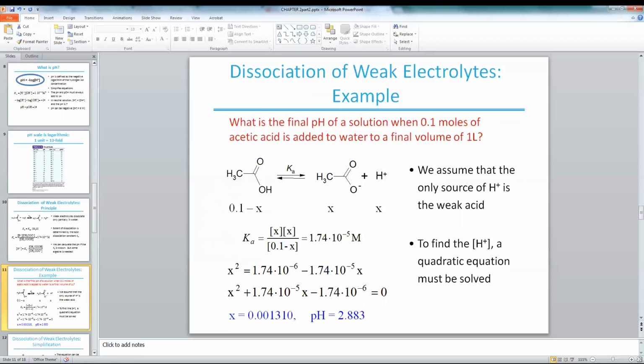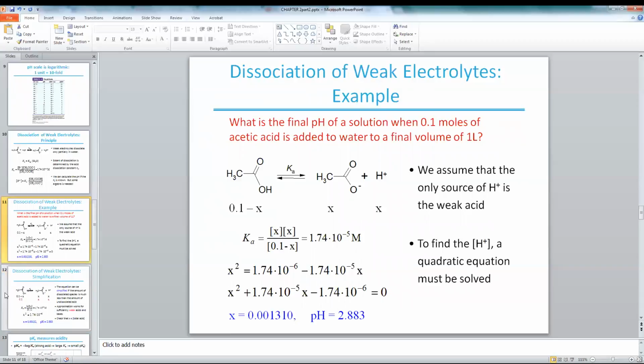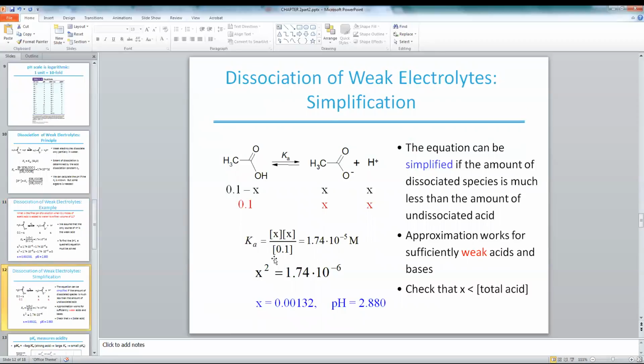So we can actually approximate it and get fairly close, as long as our change, the change in x, is relatively small compared to our concentration that we began with. And so in this case, we eliminate that minus x term down here that we used previously. And so now we can just calculate it in terms of x, and you'll notice the pH that we calculated using our simplification was 2.88.